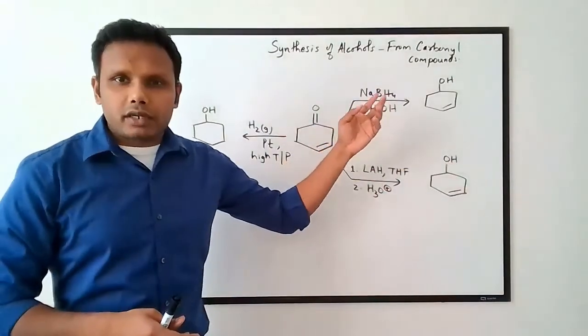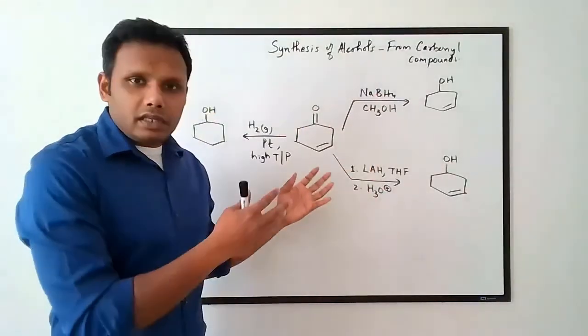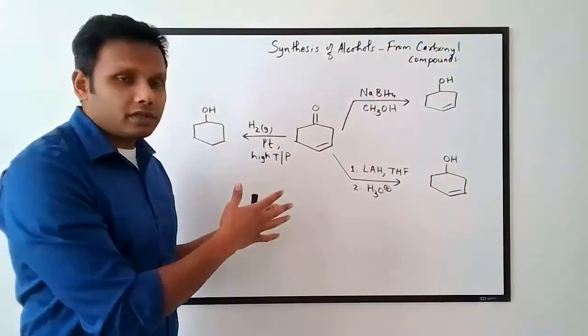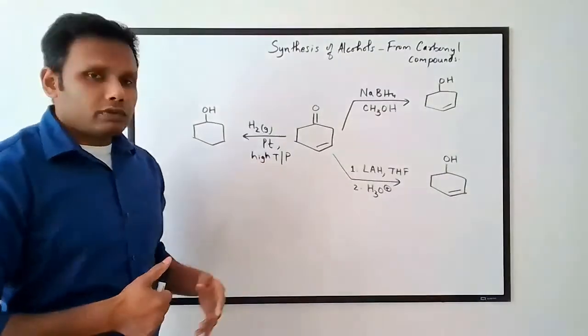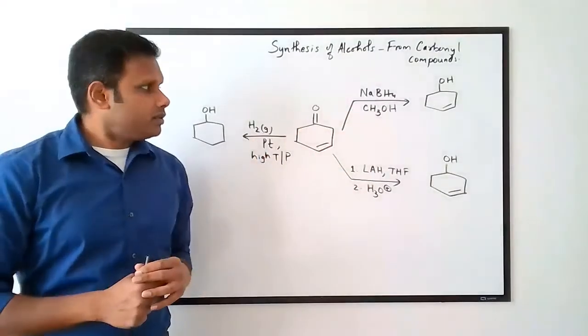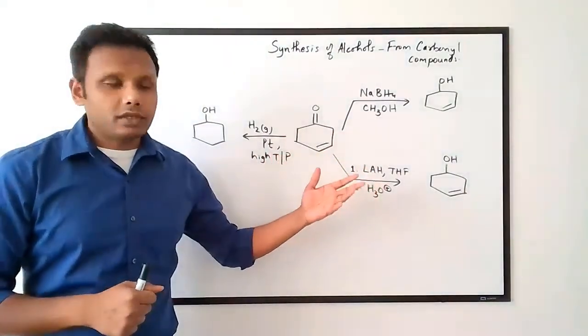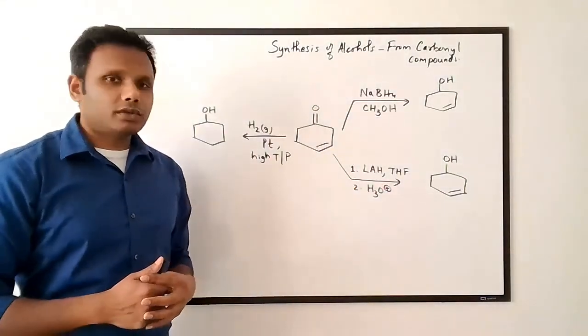Whereas sodium borohydride, because it's a weaker reducing agent, is unable to do it. So each reagent has its advantages and disadvantages depending on what you're trying to accomplish here. Okay, but that was a short summary of all the reagents that we've learned for reducing a carbonyl compound into an alcohol, to synthesize alcohols from carbonyl compounds.